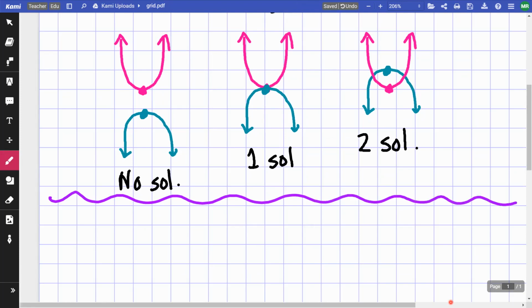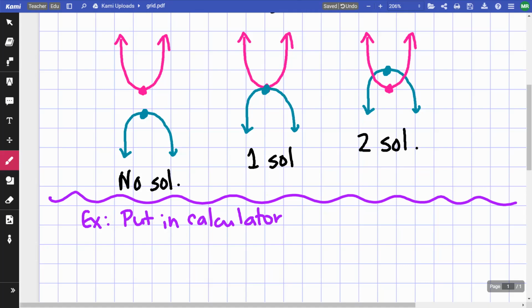So let's say that we have f of x. This is just for you guys to put in your calculator, and we're going to see how many times it crosses and see if we can find the points of intersection.